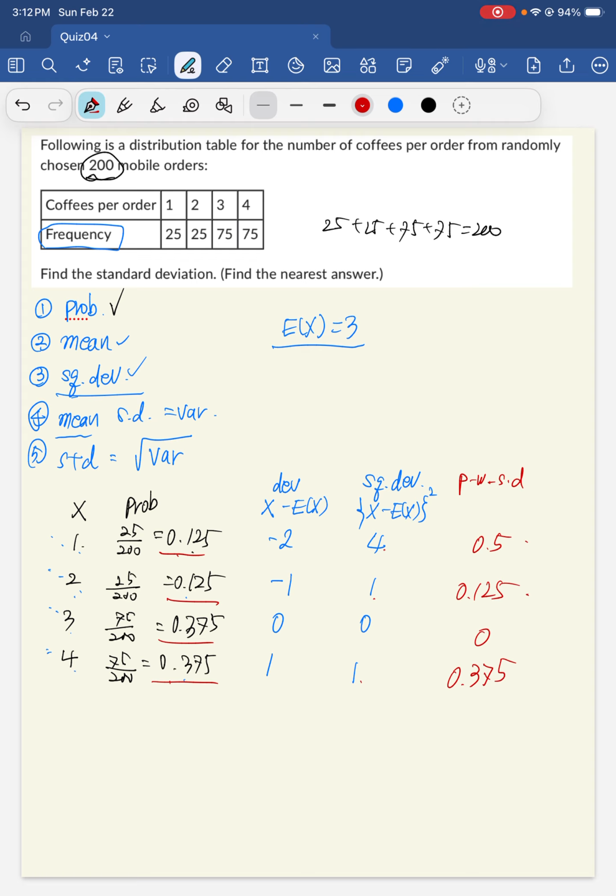So these are probability weighted squared deviations, and then we are calculating the mean. Sum them, and you will get 1. That is the variance of the number of coffees per mobile order. And when the variance is 1, the standard deviation is the square root of the variance, which is the square root of 1, which is 1. Simple.